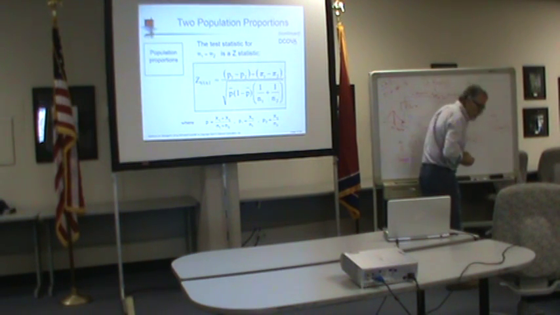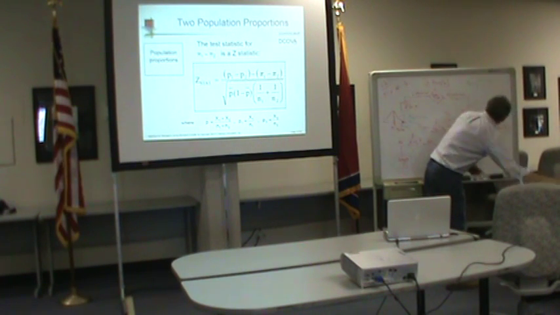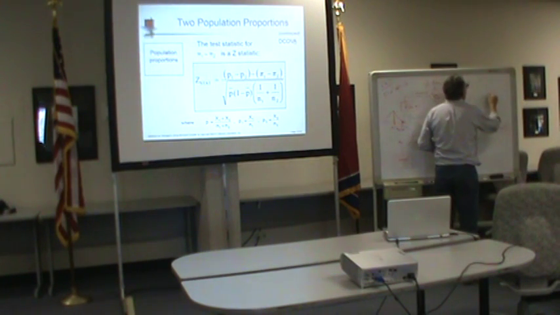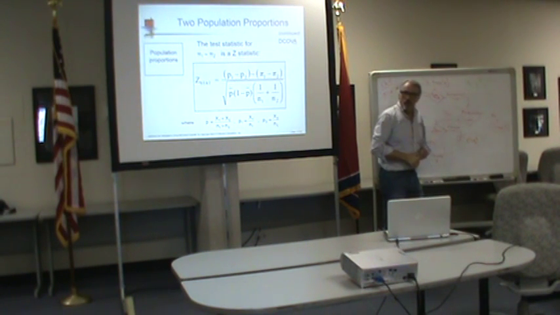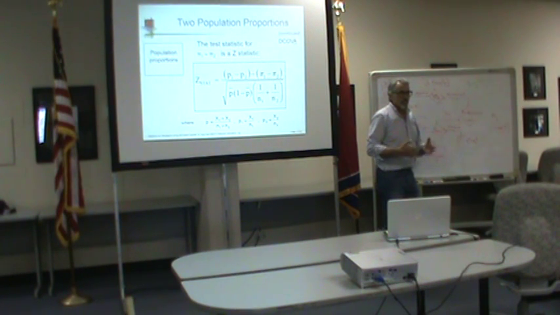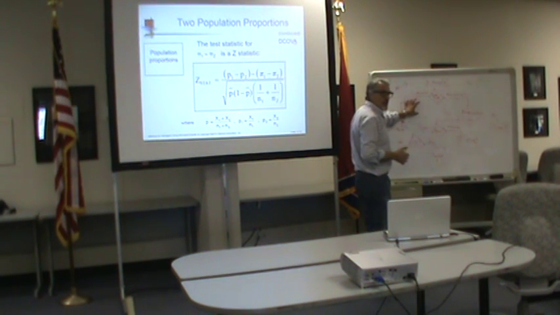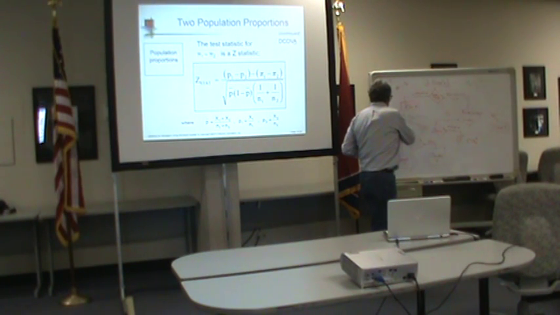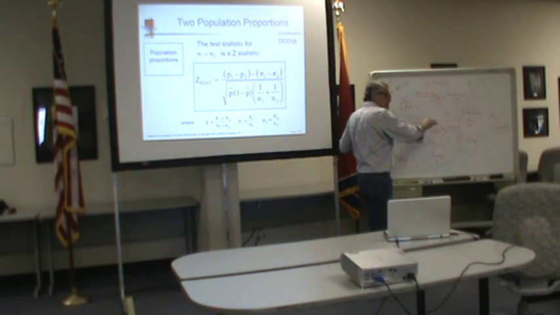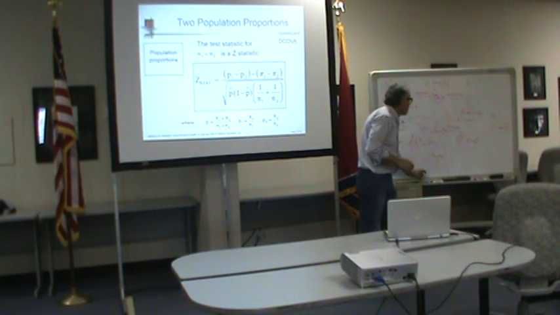I think that was equation 7.7. So once you know the proportion, you also know the standard deviation. That's why these categorical ones don't need that extra degree of freedom, that extra little uncertainty from the t distributions that spread out. They can always use the z distribution. This is a little thing to remember.